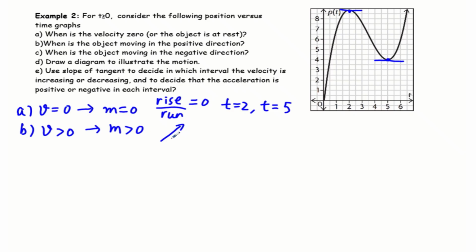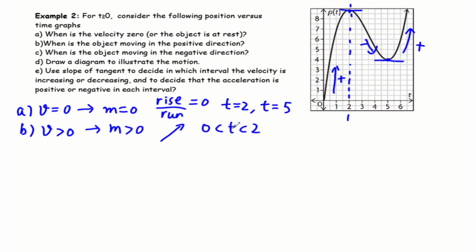This is increasing, so the slope is positive. From here, this part is going up, so slope is positive. This part is going down, slope is negative. And this part is going up, the slope is positive. So now we could write it's from 0 to 2.